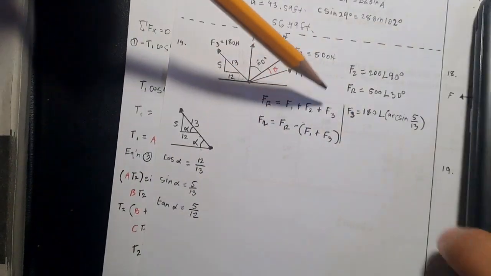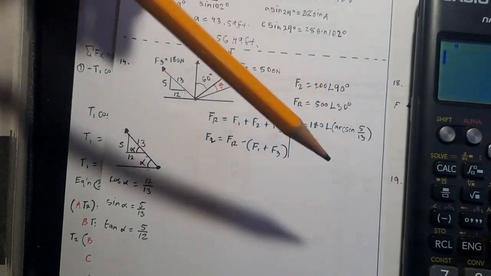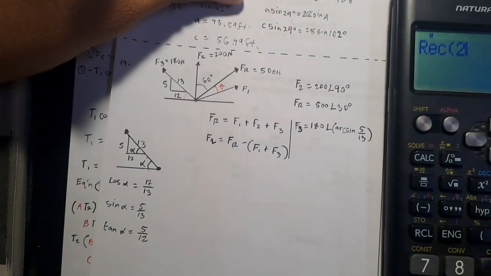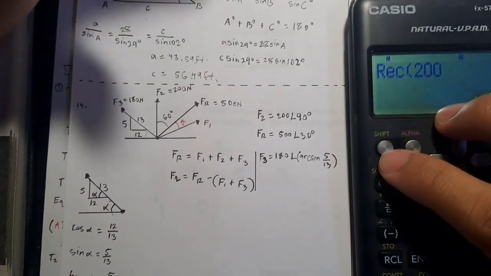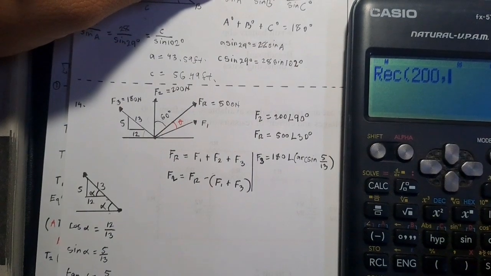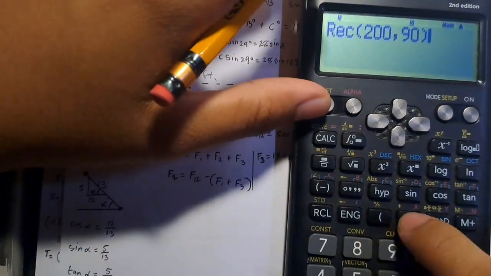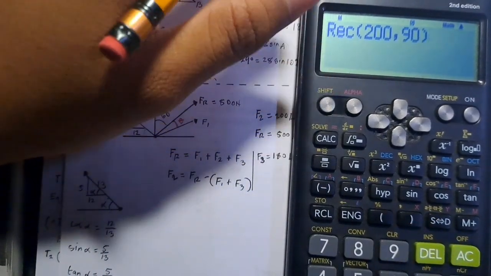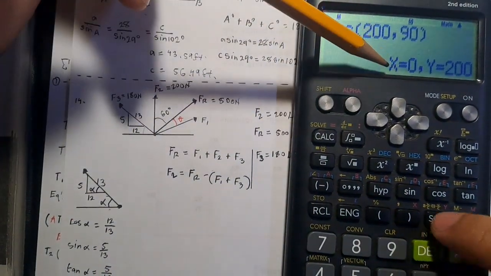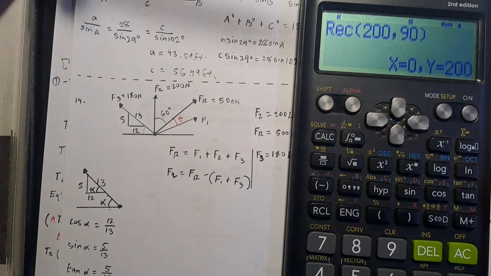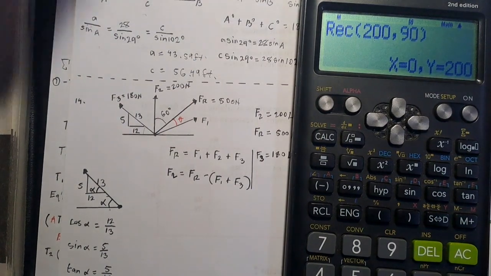So let's try F2 in Rec: 200 Newton with an angle of 90. You get the comma by shift comma. This yields X equal to 0 and Y equal to 200 since it is acting directly to the earth.